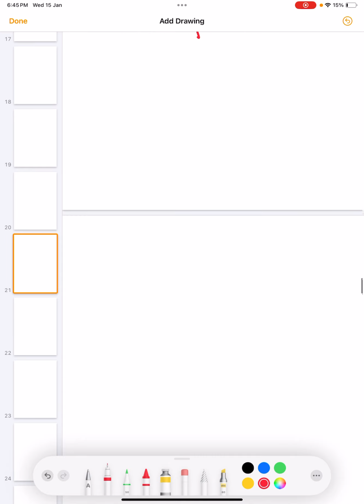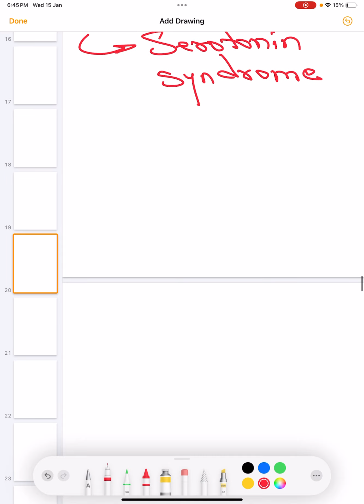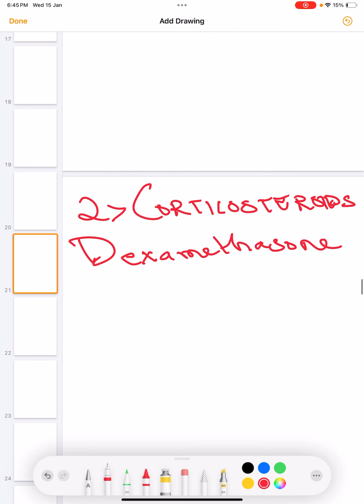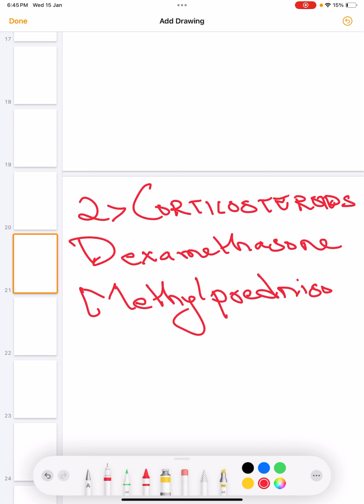Now, the second class of drugs is corticosteroids. Corticosteroids such as dexamethasone and methylprednisolone have antiemetic properties.